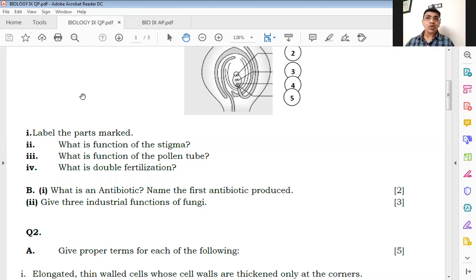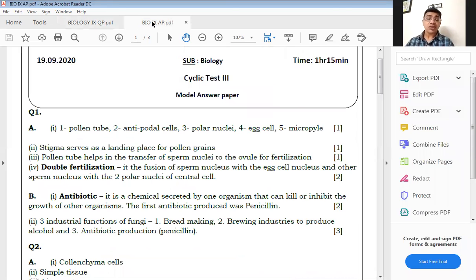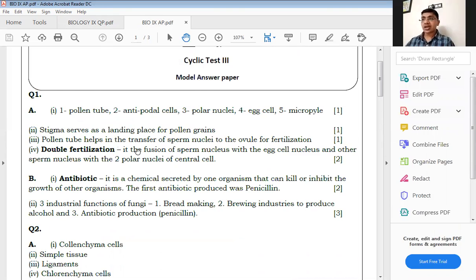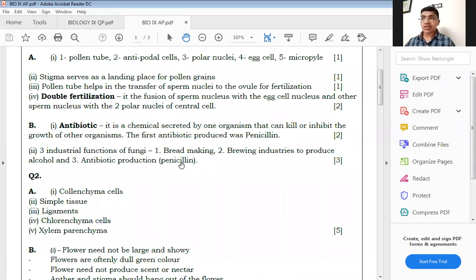Now let's go to question number 2 in that, and that is, give 3 industrial functions of fungi. We know fungi has a lot of industrial importance. So let's name 3 important functions, because this is a 3-mark question and they have asked for 3 functions. Let me just tell you here. The first one is bread making, right?